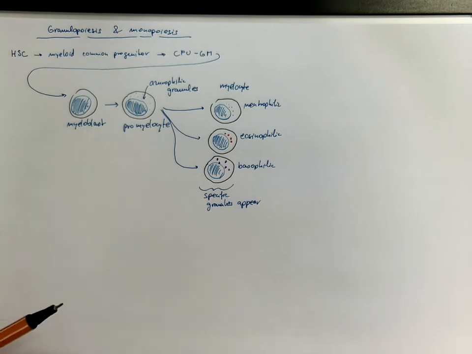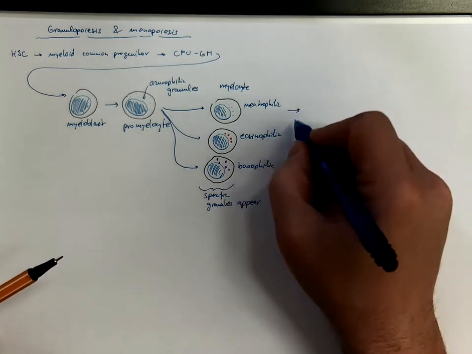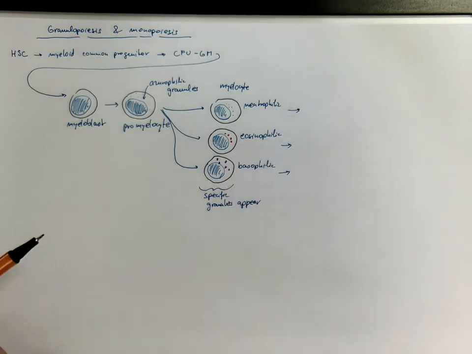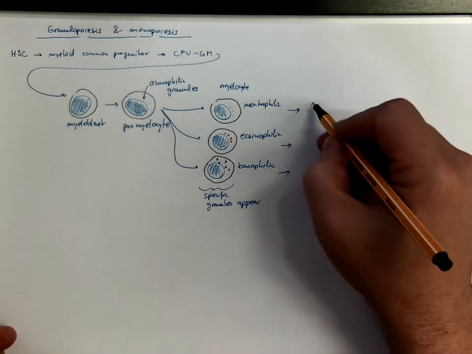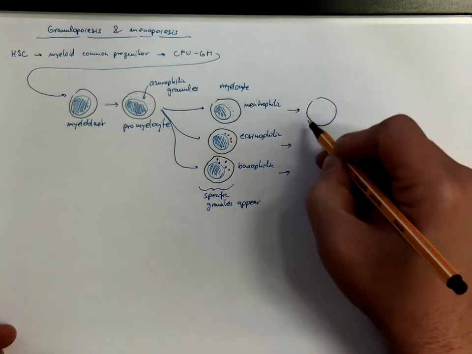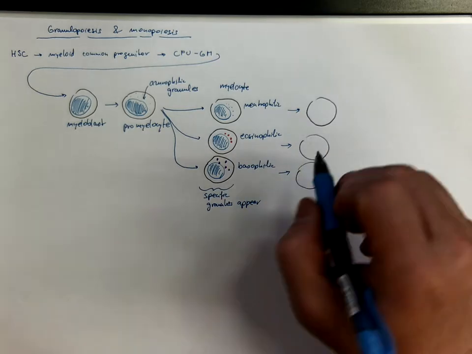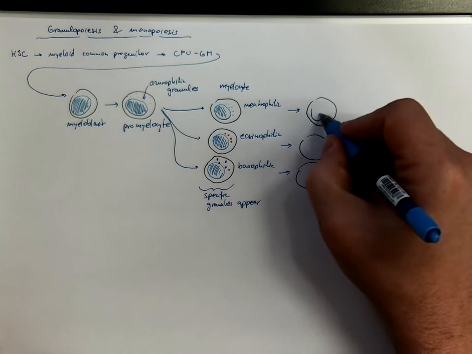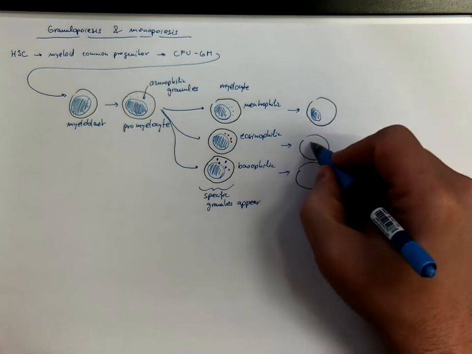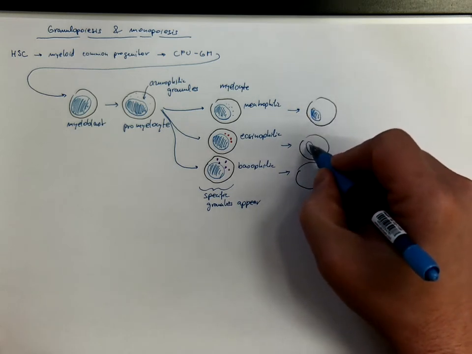The next stage is called metamyelocyte, and according to the granules we got again three types of metamyelocytes.